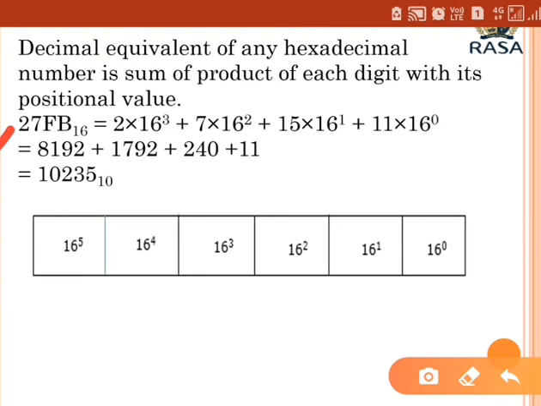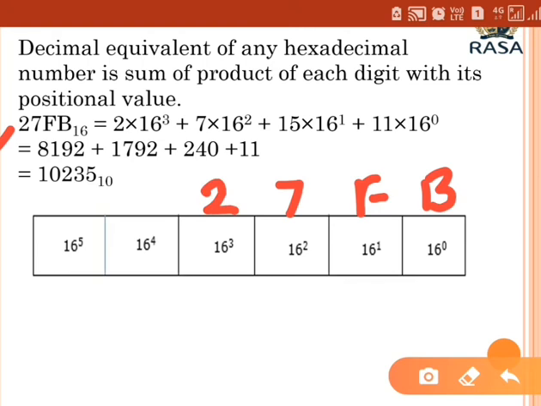So this is our hexadecimal number. Now we will convert into the decimal number. First we have to put into the table. This is B, F, 7 and 2.